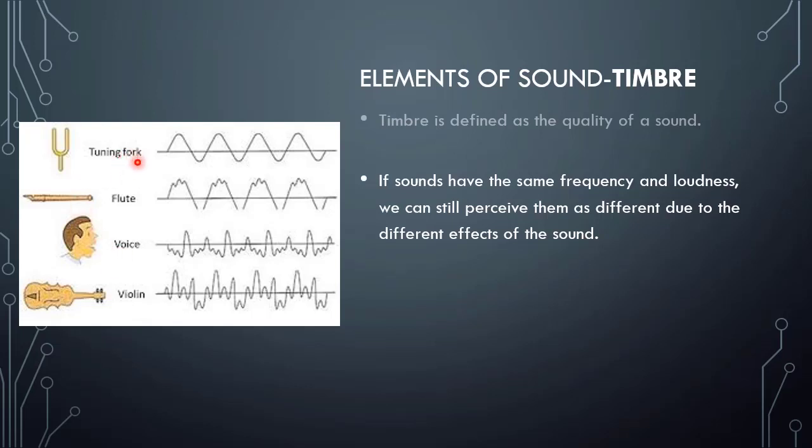Even starting with the tuning fork, I want to point out that this is probably one of the closest things we would ever get to a sine wave. It's something you hold and it vibrates in a very precise manner because it's made of metal. The vibrations are pretty close to a pure vibration, and not even quite that. However, take something like a violin playing the exact same frequency.